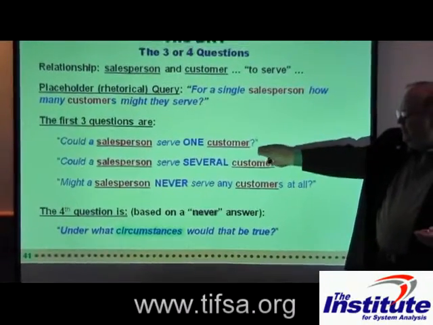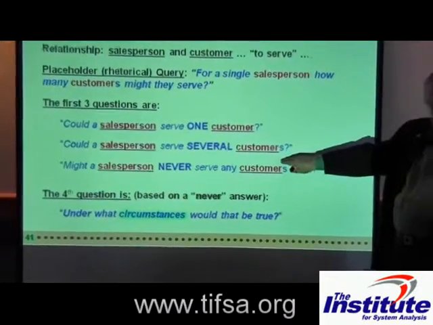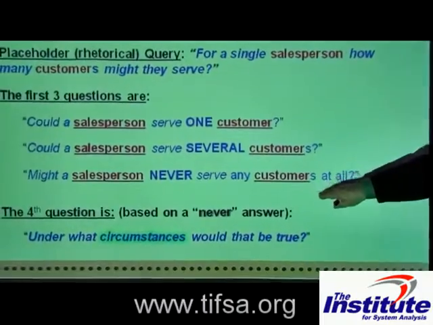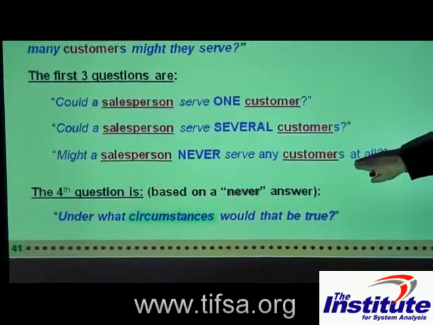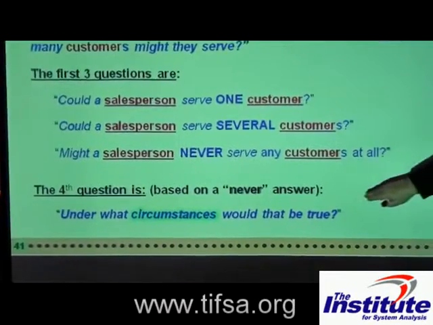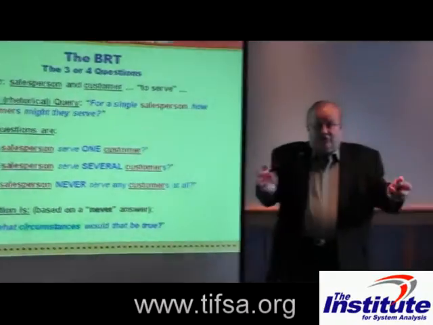Might they serve one customer? Followed by, might they serve several customers? Followed by, might they never serve any customers at all? And if the answer to this last question is yes, meaning that you're writing that zero meaning never, then we have to follow it with, in what circumstance would that be true that they never serve a customer?